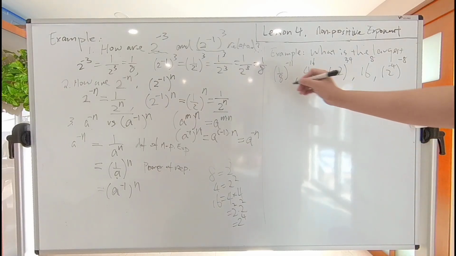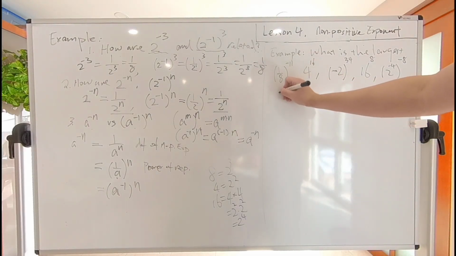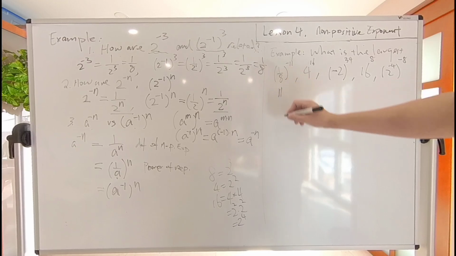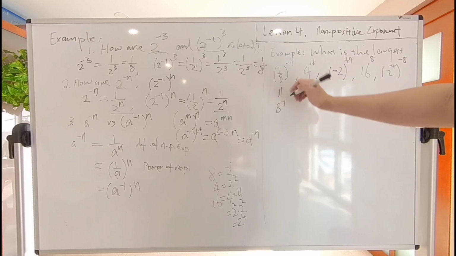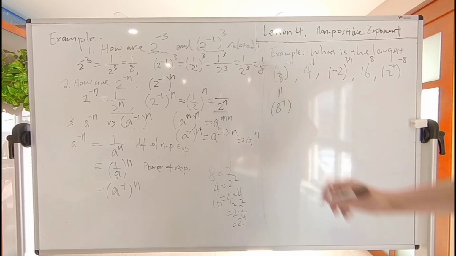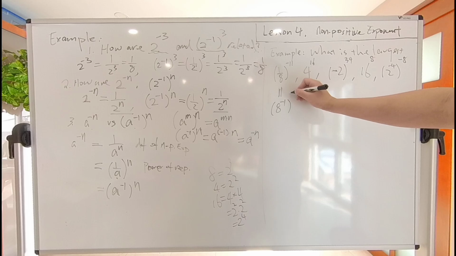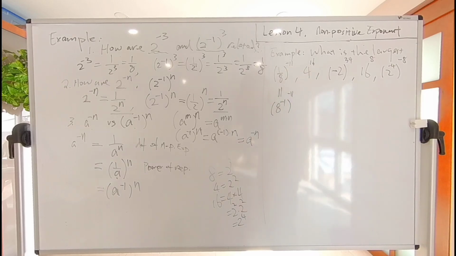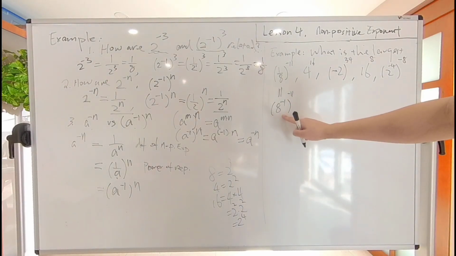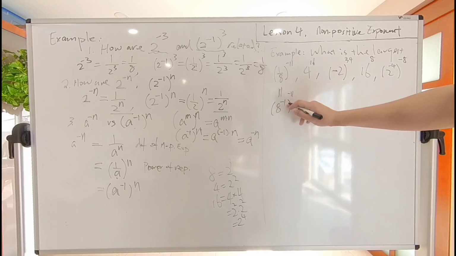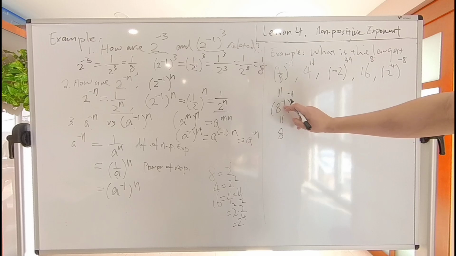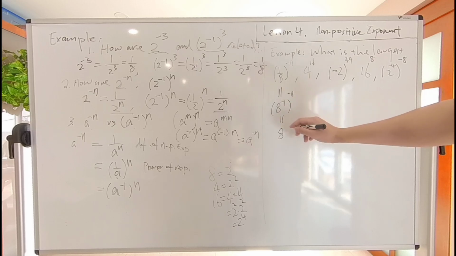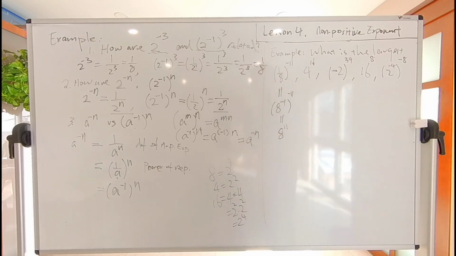So let's see the first. I will just write this in a vertical manner. First of all, this is 8, right? This is just based on the definition of non-positive exponent. And then I can actually simplify these two powers first. So it's 8, minus 1 multiplied by minus 11 becomes positive 1 times 11, which is 11.